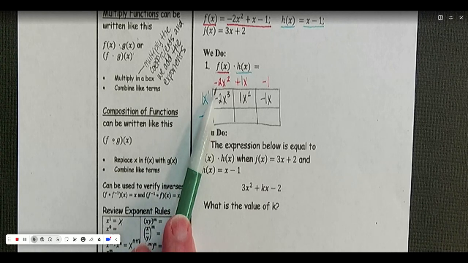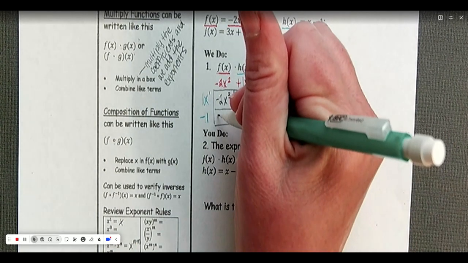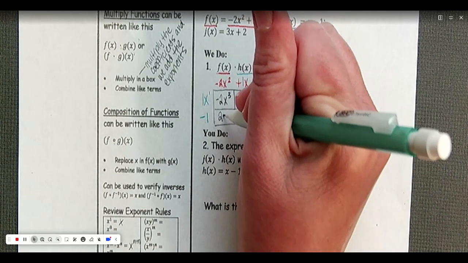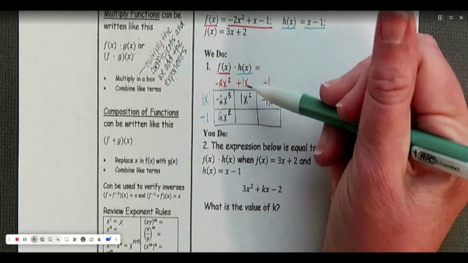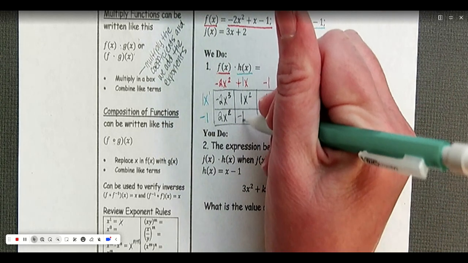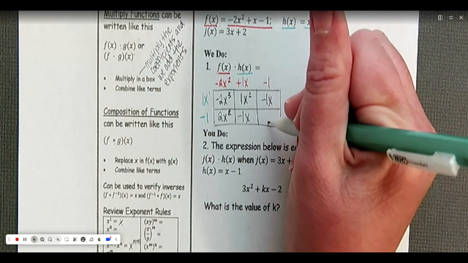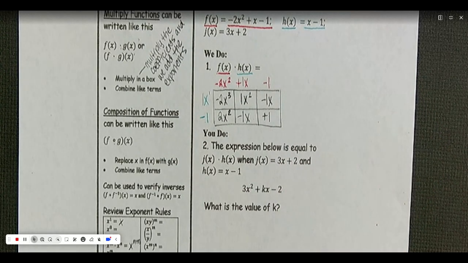So negative 1 times negative 2x squared. Negative 2 times negative 1 is a positive 2. And then I have my x squared on the end. And then my positive 1x times negative 1 makes negative 1x. And then negative 1 times negative 1 is positive 1. So I've multiplied, and what I multiplied is in the box.